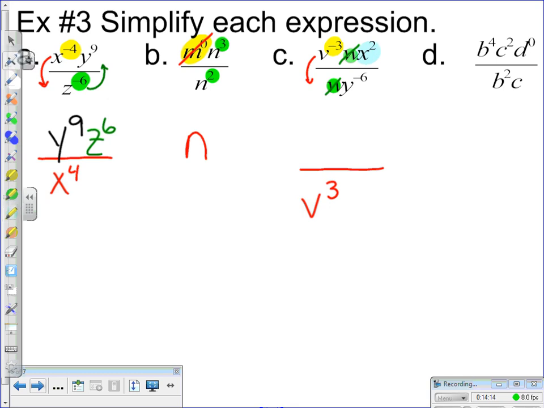So I'm just going to leave that up here on the top because there's no reason to move it. Now, the y to the negative 6th, however, it is negative. So it's going to have to come up. So behind the x squared will be a y to the 6th power.